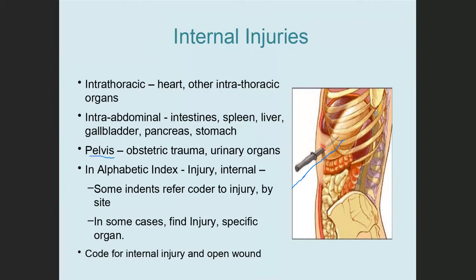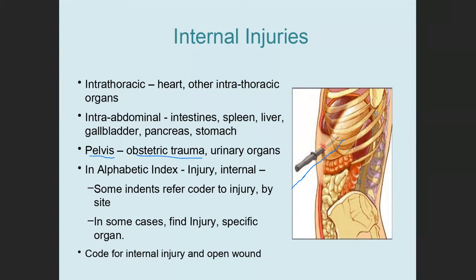They refer to the pelvis, which is an obstetric trauma, a complication of the delivery, or it can also be a traumatic injury to the urinary organs. So in the alphabetic index, look up injury, internal. Now some indents under internal will refer you to injury by site. In other cases, it will find injury in a specific organ.